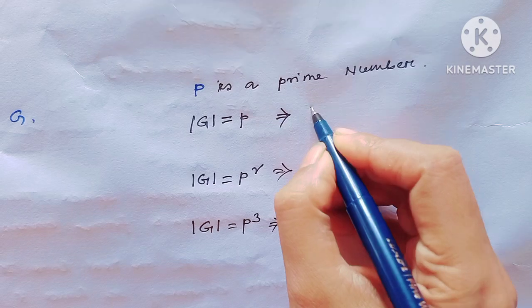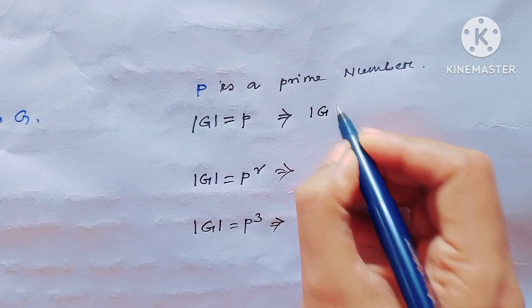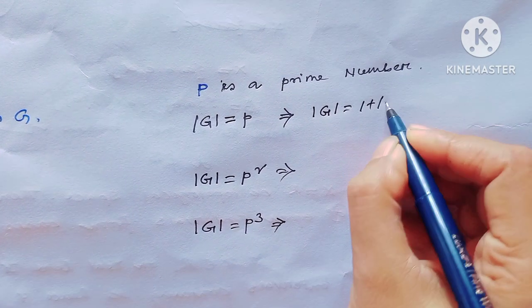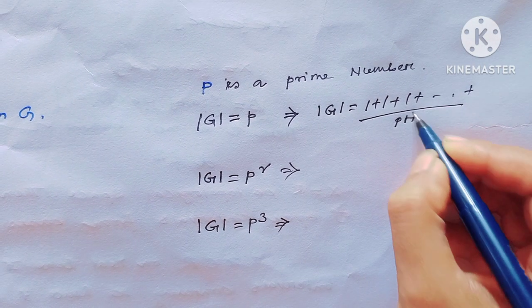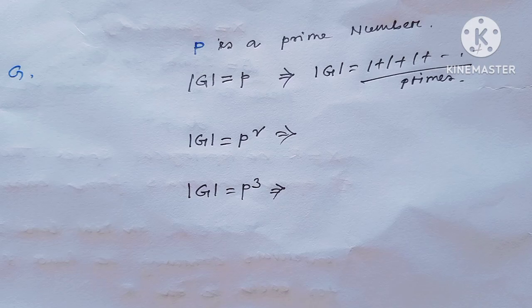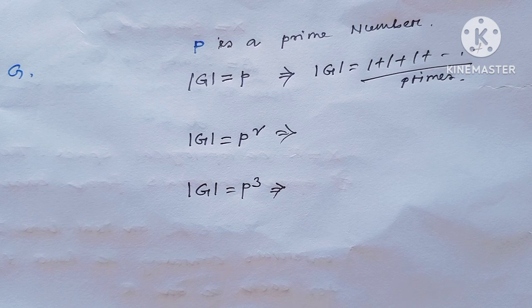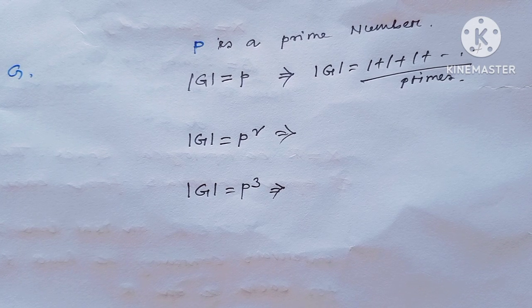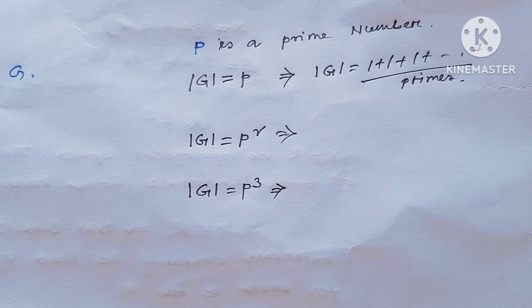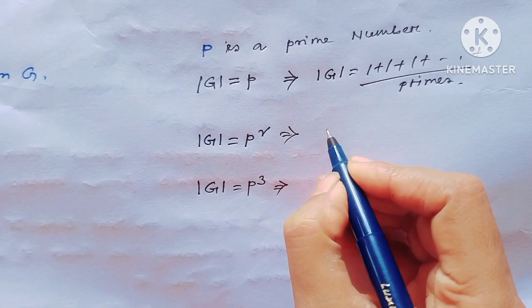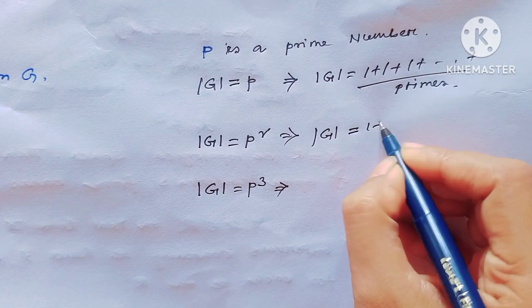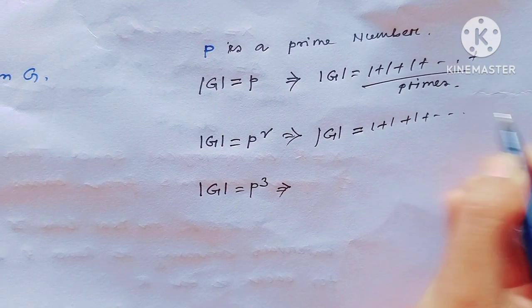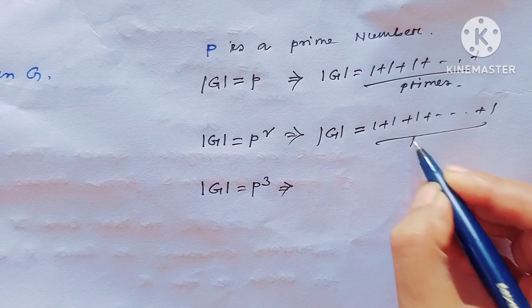That means here the class equation would be the order of G equals 1 plus 1 plus 1 plus 1, P times. Next, any group of order P squared where P is a prime number is an abelian group. Since G is abelian, the class equation would be 1 plus 1 plus 1 up to P squared times.